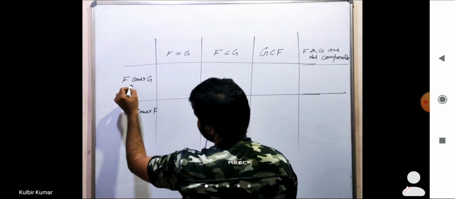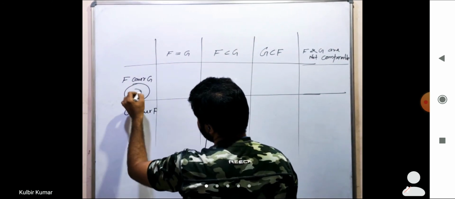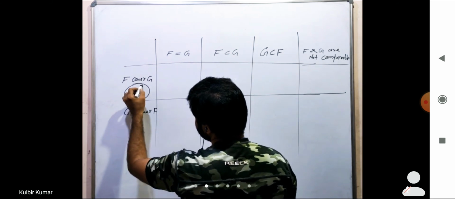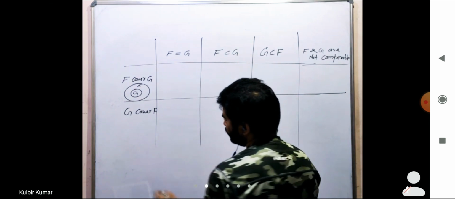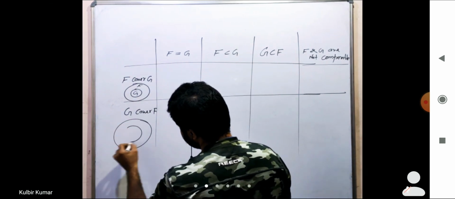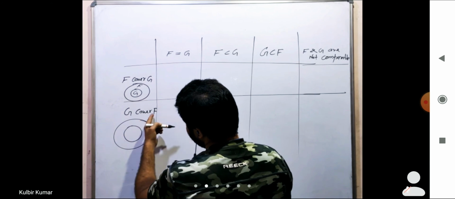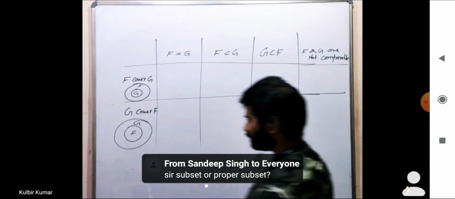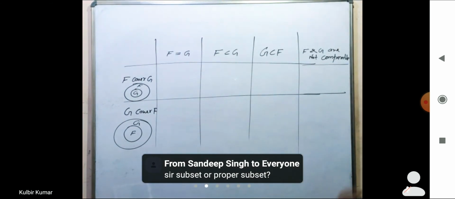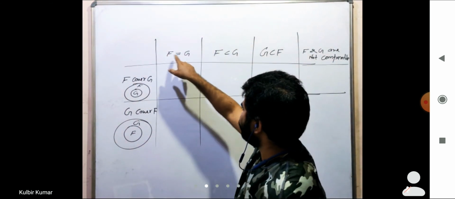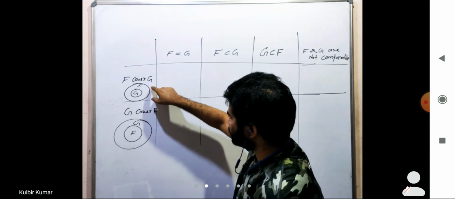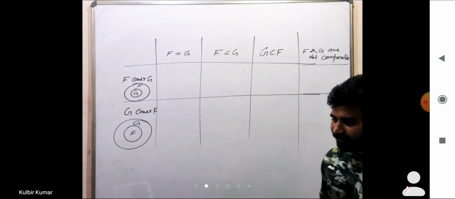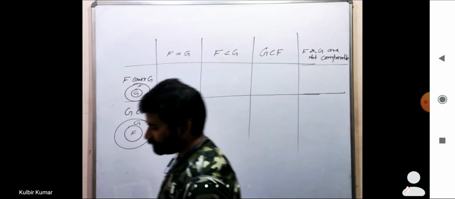If we understand it diagrammatically, this is the area for G, and this is the area for F. G covers F means this is the area for G and this is the area for F, right? Now tell me, in this case, F covers G, can I say F is equal to G?